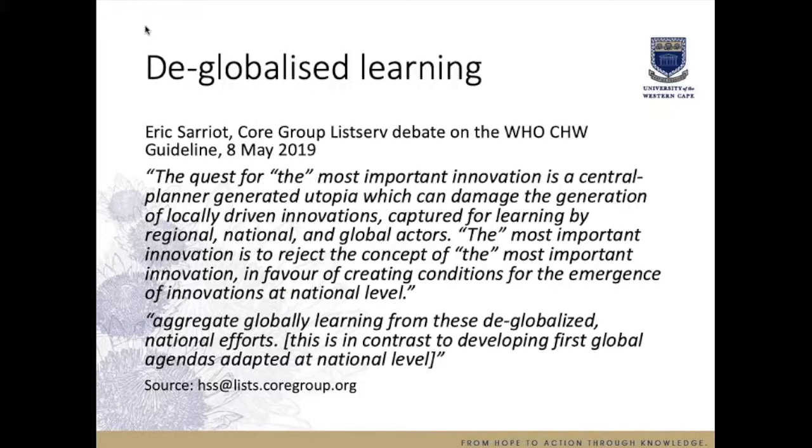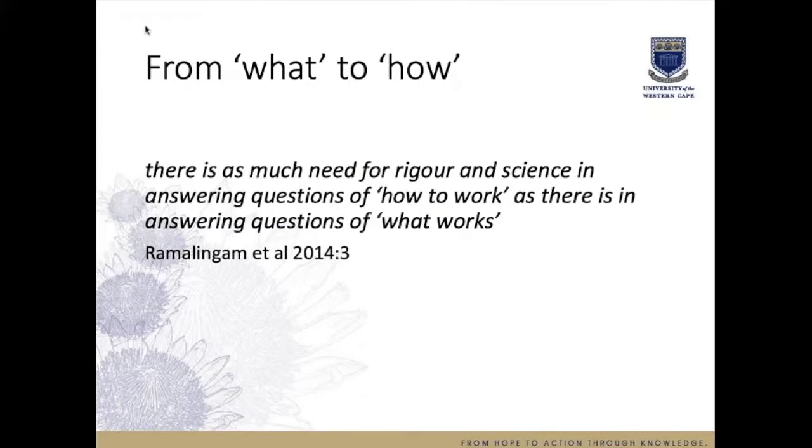He went on to say that actually we should be seeking to aggregate globally, learning from these de-globalized national efforts, in contrast to developing first global agendas adapted at national level. Ben Ramalingam and colleagues, in the monograph I profiled earlier, emphasize the importance of shifting from the what to the how, and I think Lillian is going to be speaking to this.